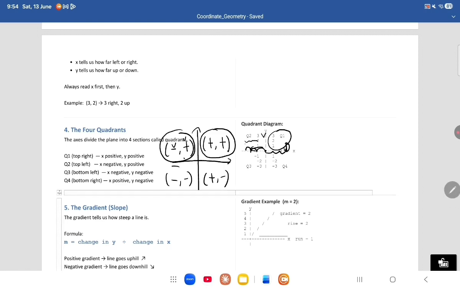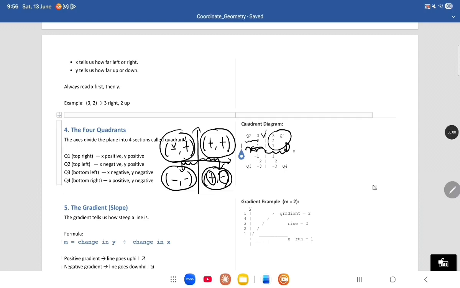Same goes for the third quadrant: you go to the left side and then go down. Fourth quadrant, you go to the right side and then go down. So this is an important concept when it comes to coordinate geometry.